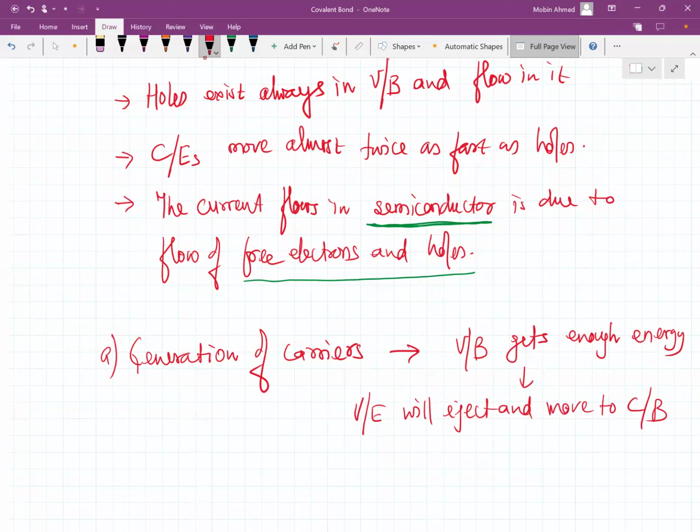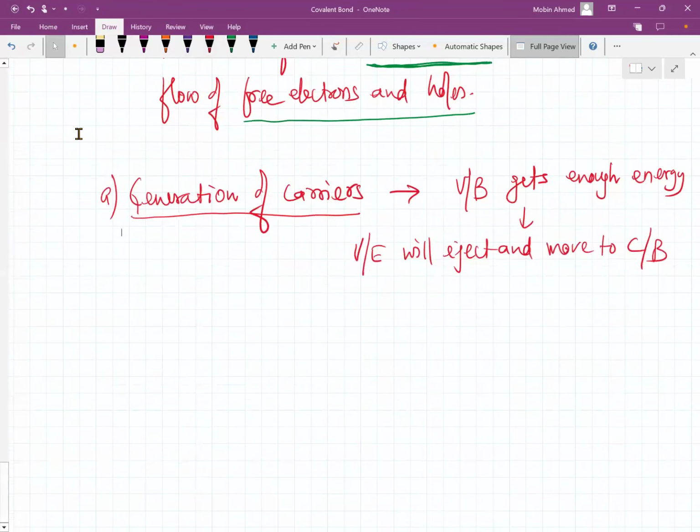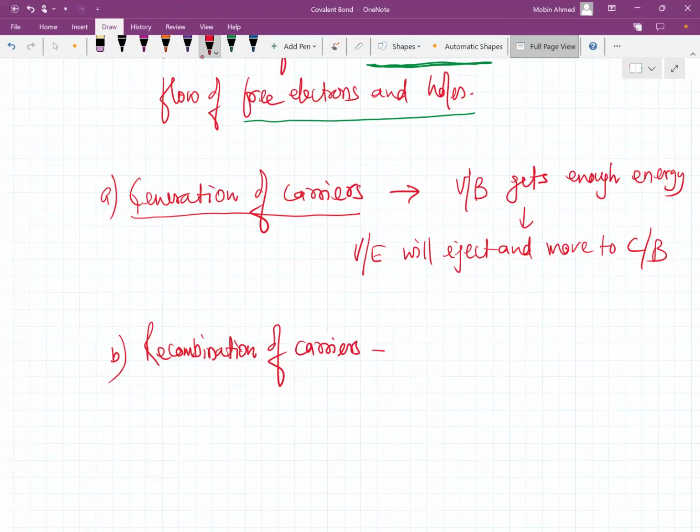This is known as generation of carriers. We have already seen this one. The opposite is also true. The opposite is known as recombination of carriers.